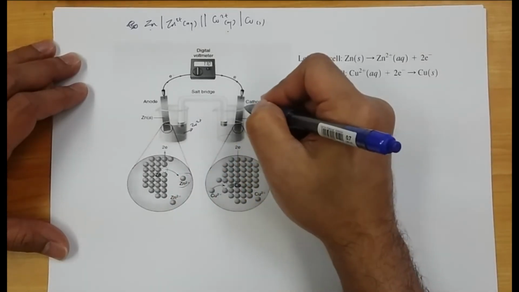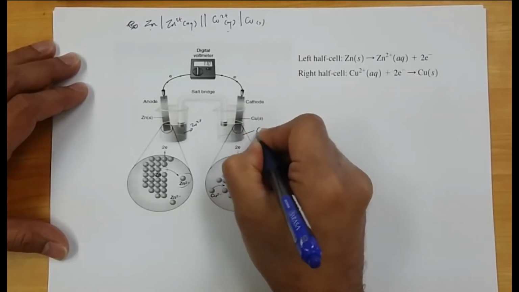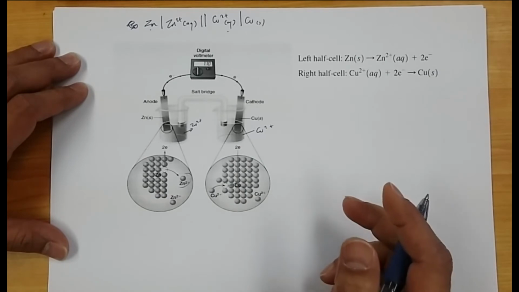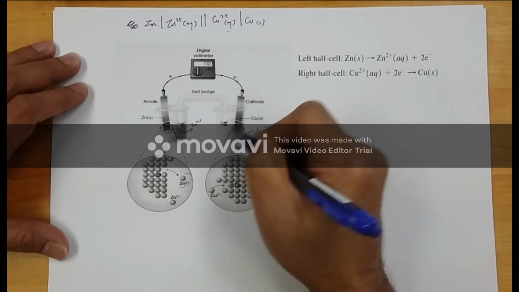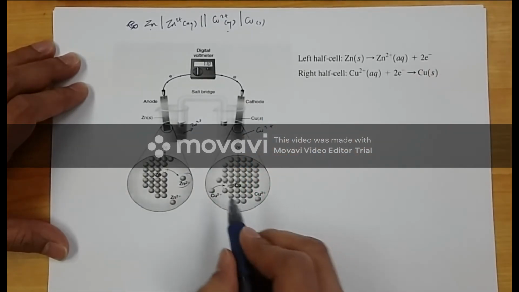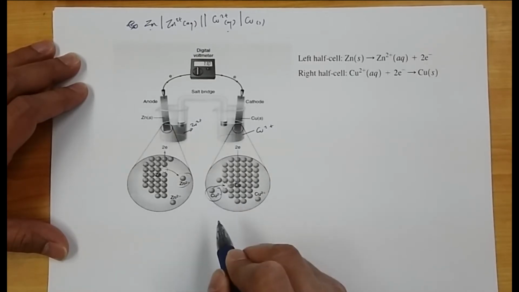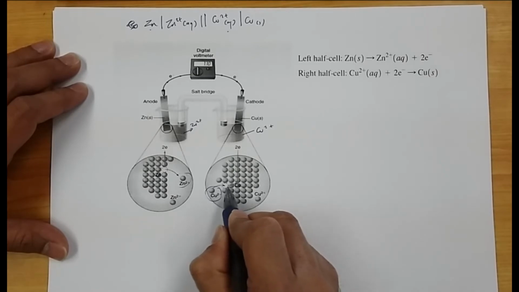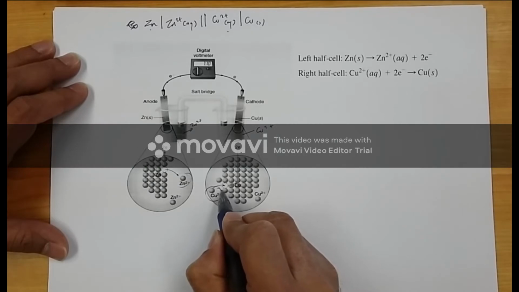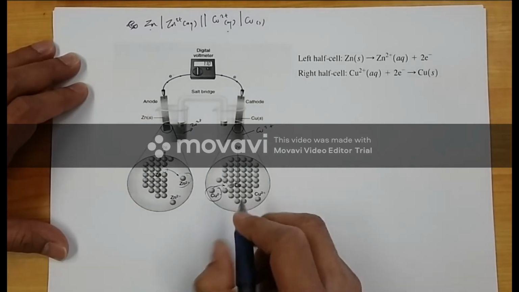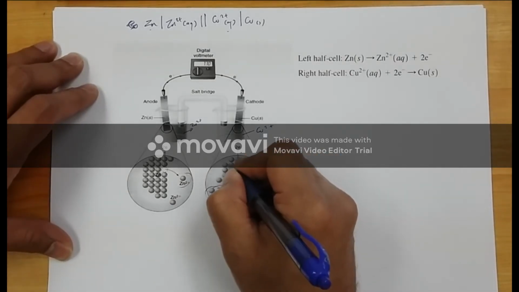The opposite case happens on the copper surface, on the cathode. When you dip copper in a solution containing copper 2 plus, there will be an electrical potential difference between the copper solid plate and the electrolyte. This happens because some amount of the copper 2 plus in the electrolyte solution will be reduced and thus deposited on the copper metal, and then it will generate a positive charge, right?